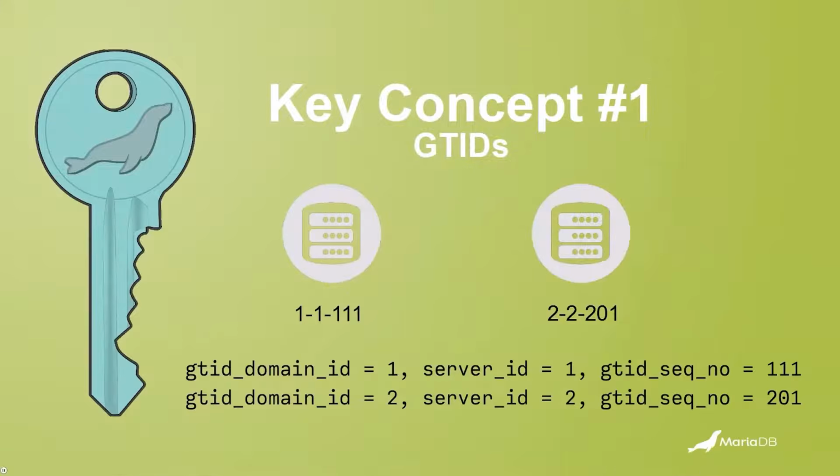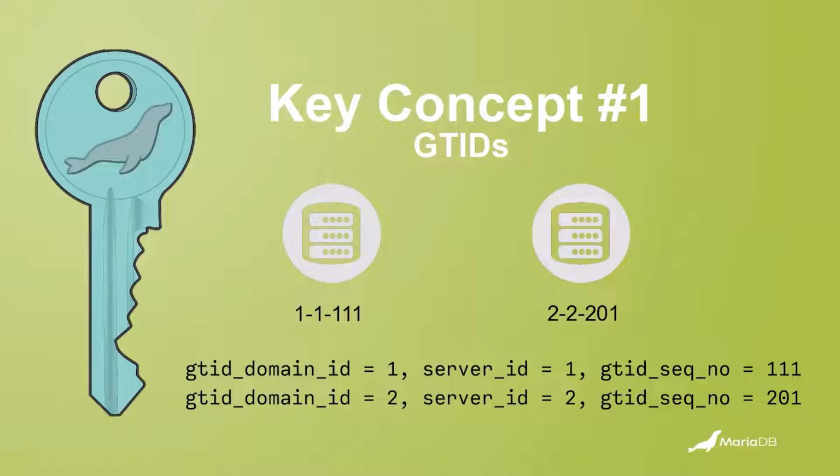Modern replication depends on Global Transaction ID, or GTID. The GTID is made up of three parts: GTID domain ID, server ID, and GTID seq_no. The GTID domain ID is used to differentiate streams of transactions. Each server in a domain must have a unique server ID.